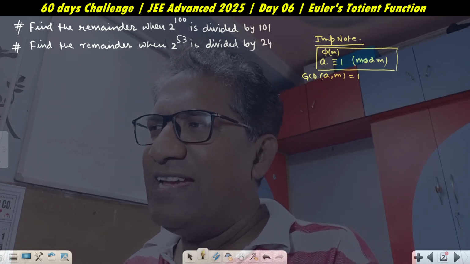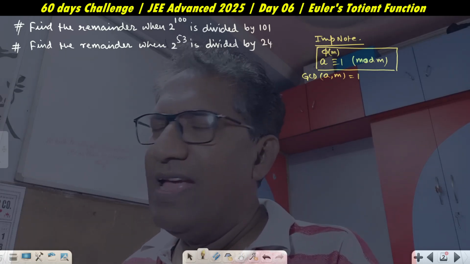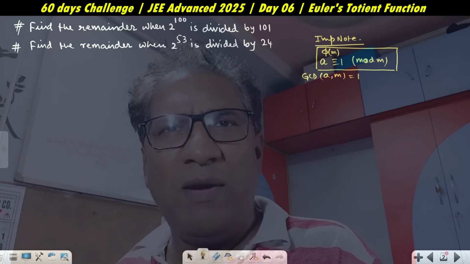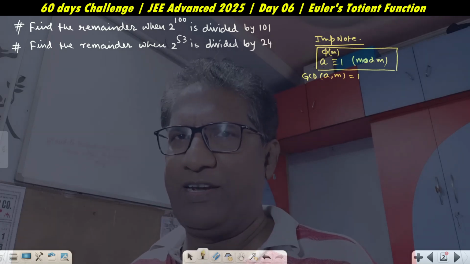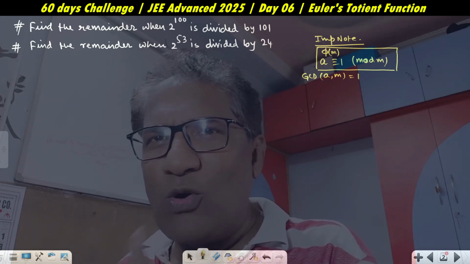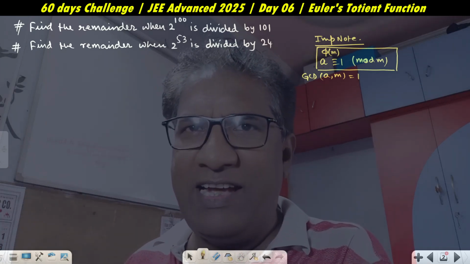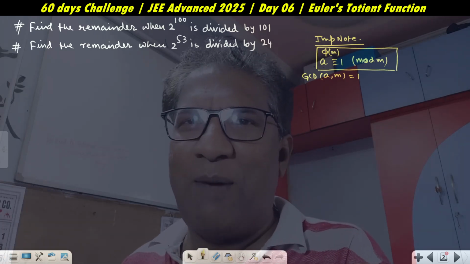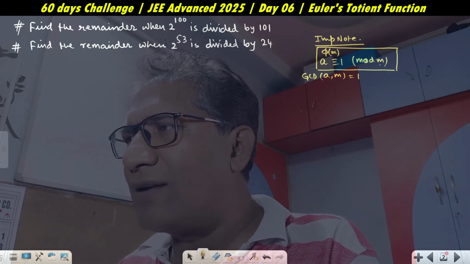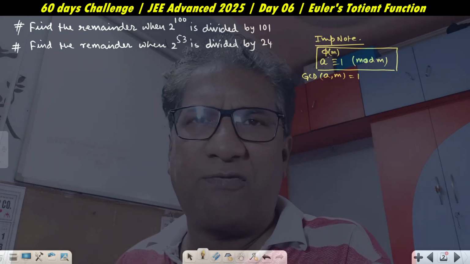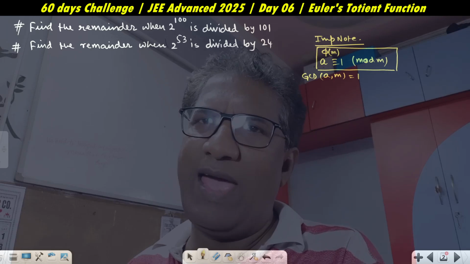As I told you in my previous lectures on number theory, all the mathematicians have worked on how to bring 1 in the remainder. So Euler's Totient function is also used to bring 1 as the remainder when the number is divided by M. Have you seen? So always remember that if A and M are co-prime to each other, then A to the power phi of M, the Totient number of M, is congruent to 1 modulo M.